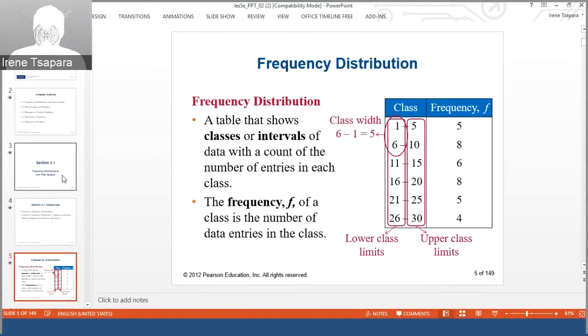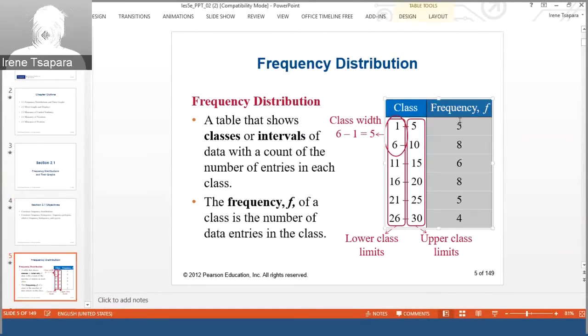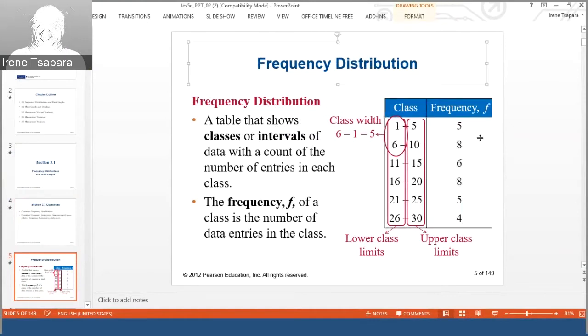Right here, we have, again, a set of data. And we see on this third column the frequency of the data points for each one of these classes. These are the classes, so the range.